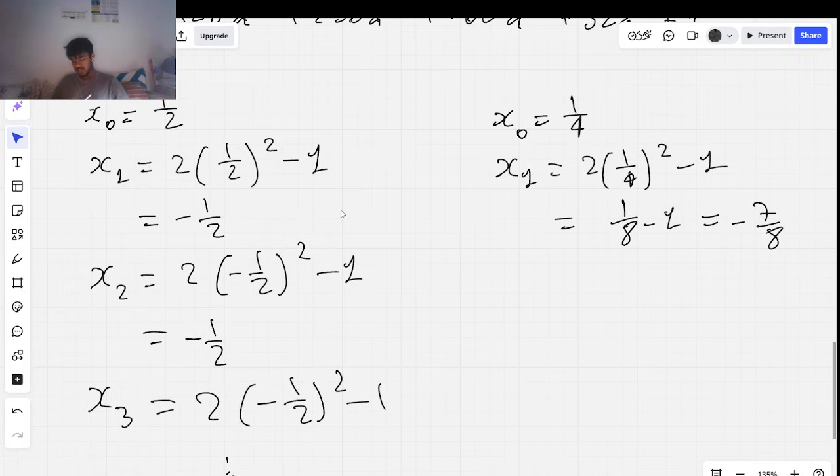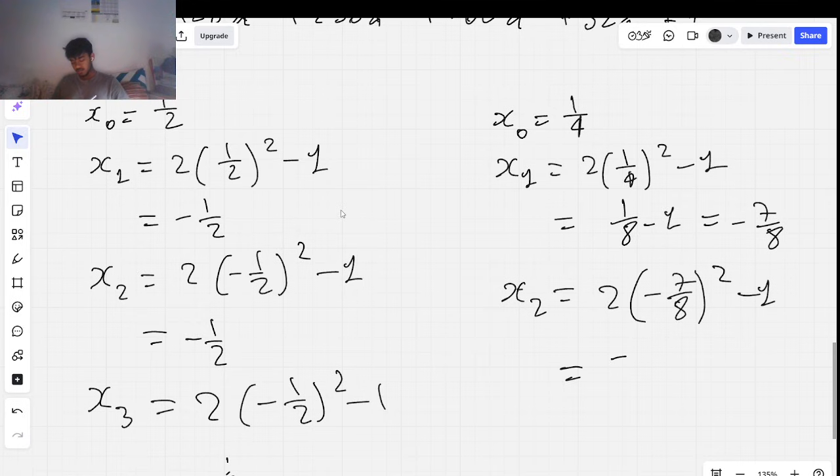Yes. x2 is equal to 2 times (minus 7 over 8) squared minus 1, which is 64, 32.